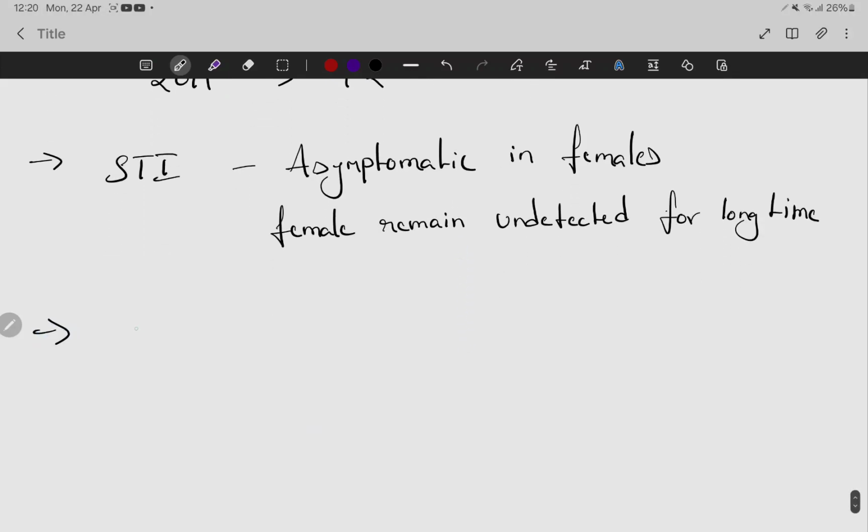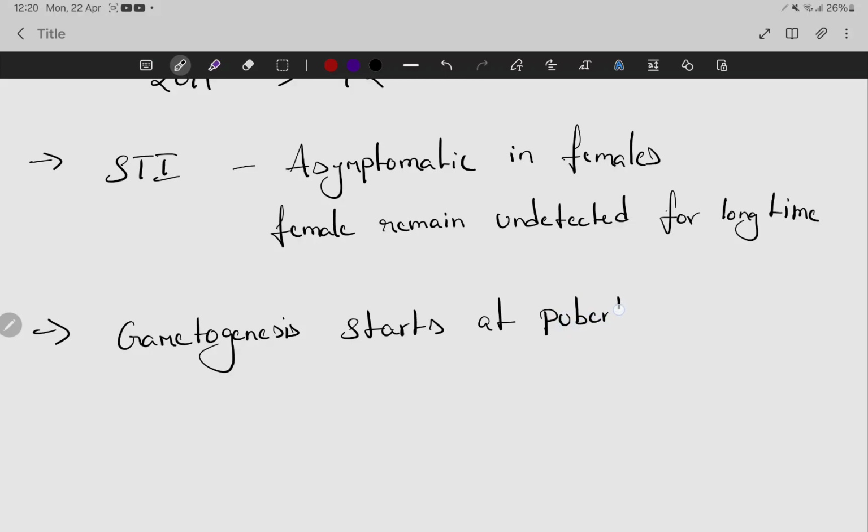So the first hormone to cause gametogenesis in humans starts at puberty due to the release of GnRH.